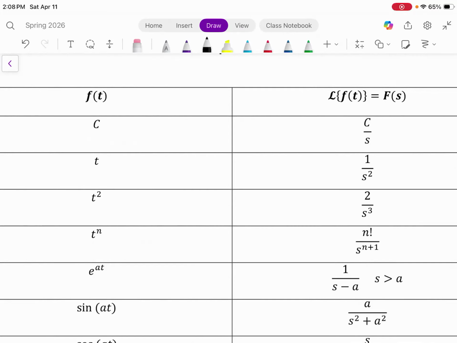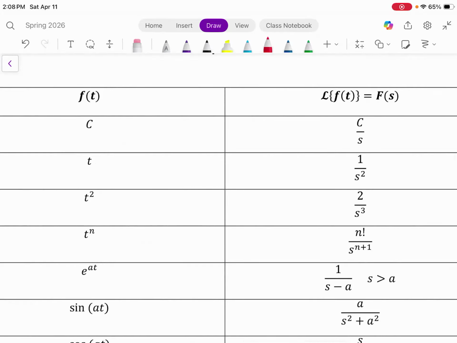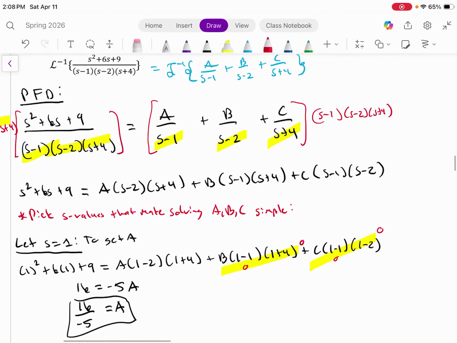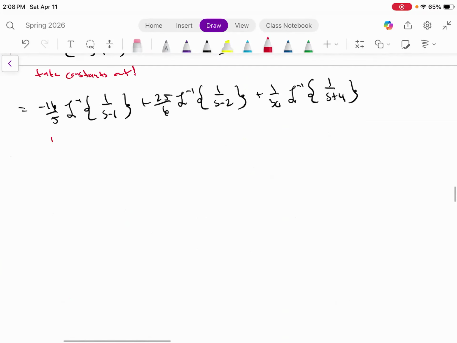All of these are like 1 over s minus something, and to me this fits the exponential criteria: e to the at is 1 over s minus a. So it looks like e to the at, and here a would be 1, a would be 2, a would be -4.